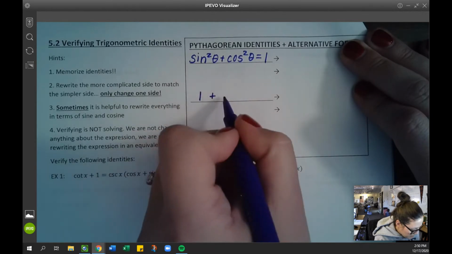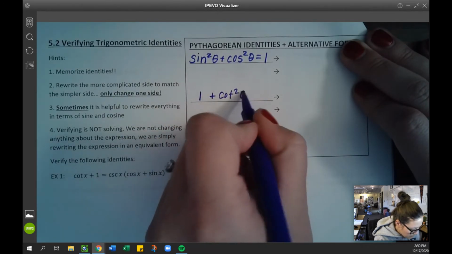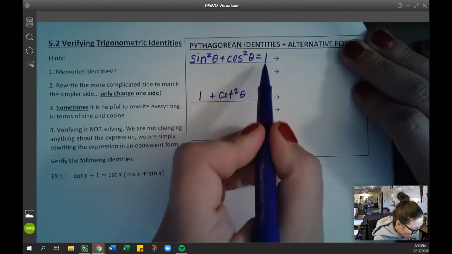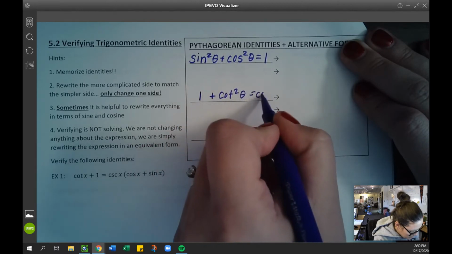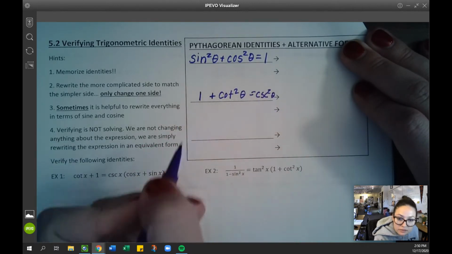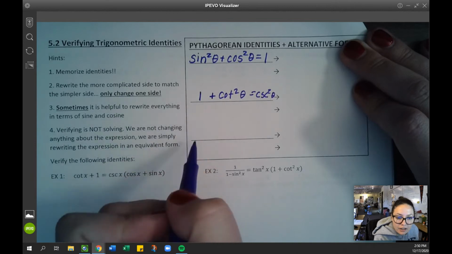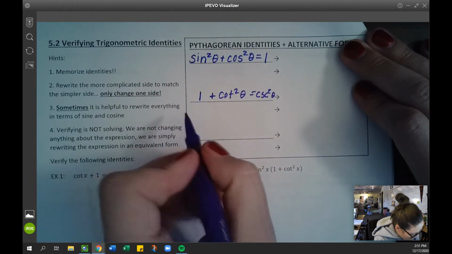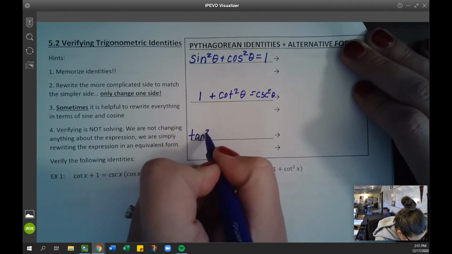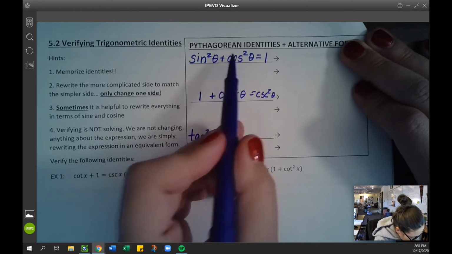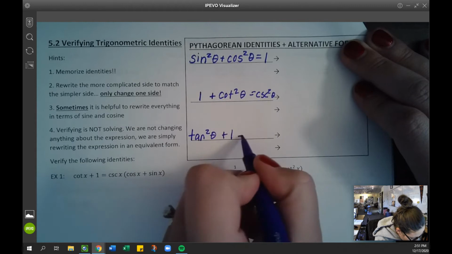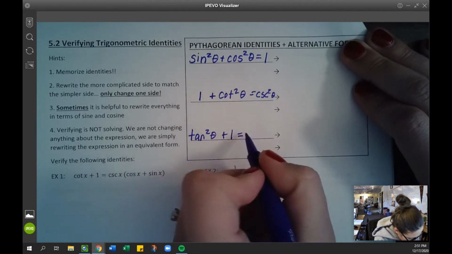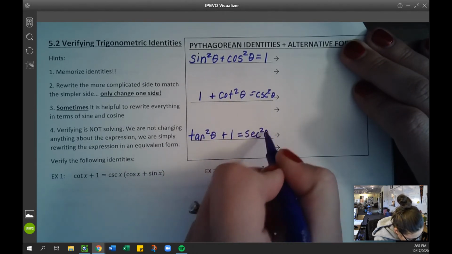Cosine divided by sine is cotangent. 1 divided by sine is cosecant. Now let's do it again, but this time we're going to divide everything by cosine. Sine divided by cosine is tangent. Cosine divided by cosine is 1, and 1 divided by cosine is secant.